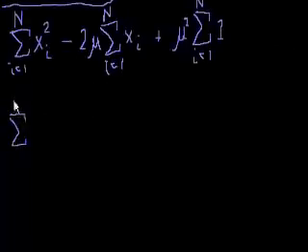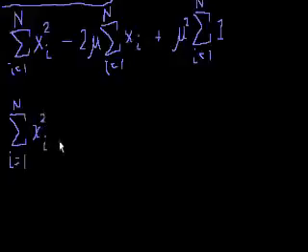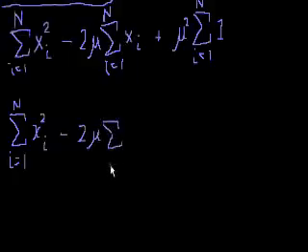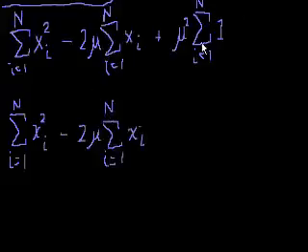So this equals the sum from i equals 1 to n of x sub i squared, and let's see, minus 2 times mu. Minus 2 times mu times the sum from i equals 1 to n of x sub i. And then what is this?